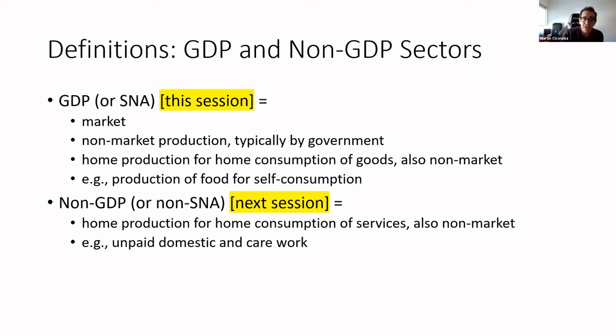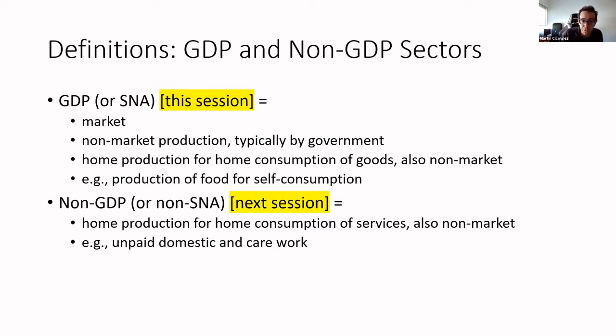What is not part of the GDP, and what we are going to be covering in the next session, is the home production for home consumption of services, like care or domestic work. That is not part of the GDP, and so it will not be covered in a relatively simple social accounting matrix.